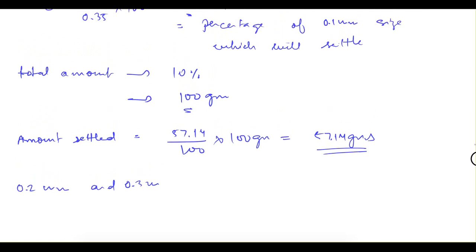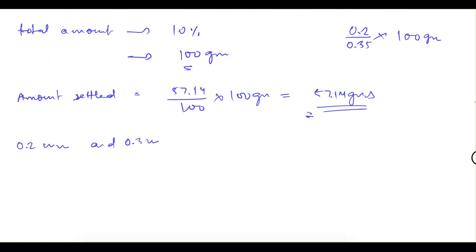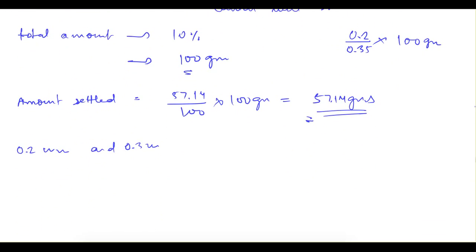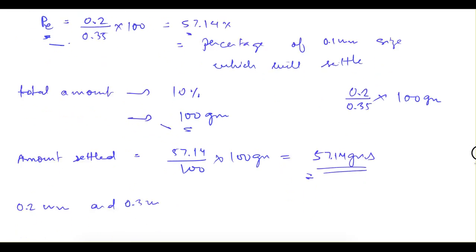Now with this earlier calculation, we can observe one thing. We found this percentage settlement, that is 0.2 divided by 0.35, and after that we multiplied with our amount, that was 100 grams, and that gave us the amount that is going to be settled. So rather than doing this whole step, first finding the percentage and then the total amount, we can directly do it.